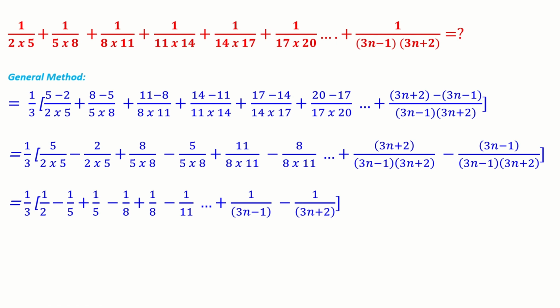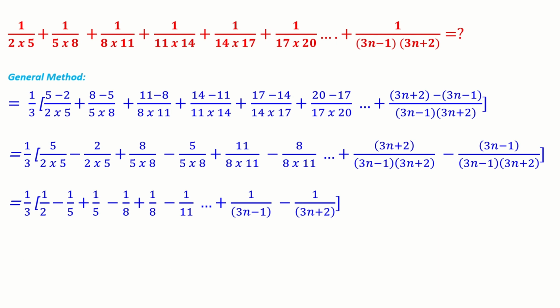If you observe clearly, most of the terms get cancelled. The only terms that remain are 1 by 2, the smallest of the first denominator, and 1 by 3n plus 2, the greatest of the last term's denominator.